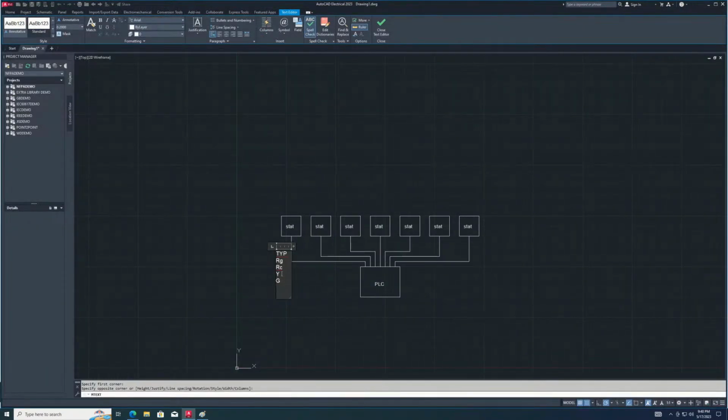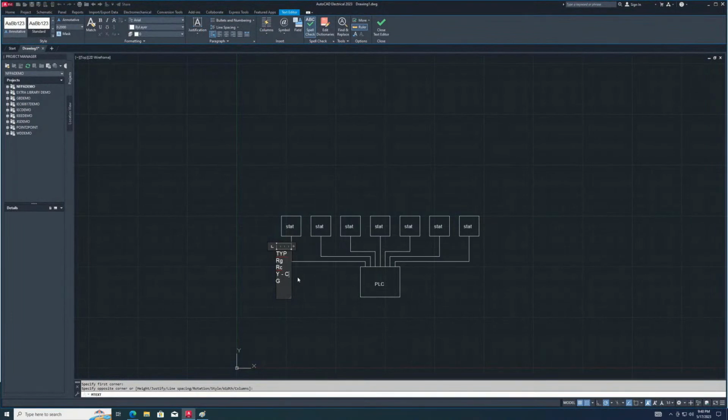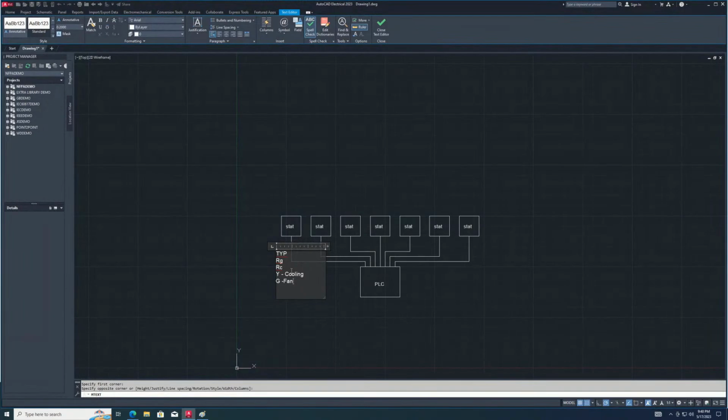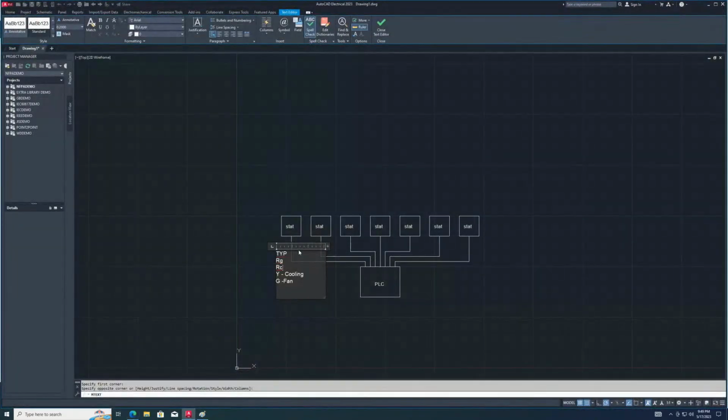So it'll be, Y is what? Cooling. We got G, which is, what's G for? Fan. We got our RC, which is our common.